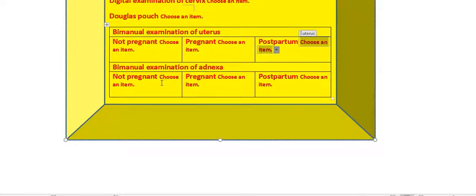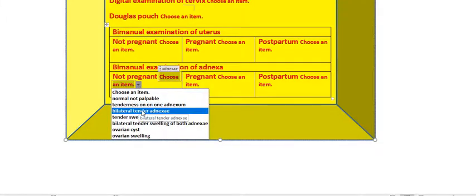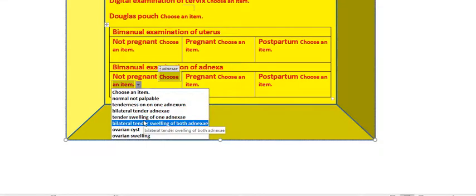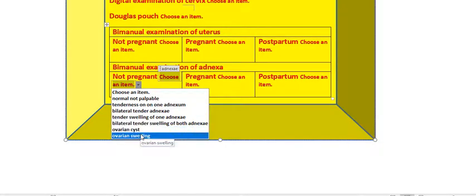And then we look for the adnexa. In case of non-pregnant patients, the adnexa is not palpable, or tender on one adnexa, or bilateral tender adnexa, or tender swelling of one adnexa, or bilateral tender swelling of both adnexa, or ovarian cyst, or ovarian swelling.